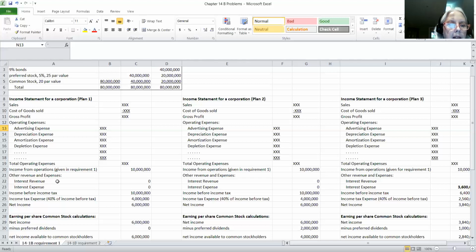I just tried to make this income statement short and brief to the point, but I wanted it to be enough of the income statement to give you enough information to be able to solve your first homework assignment. But interest revenue would go under other revenue and expenses. Interest expense is also another type of account that would go in other revenue and expenses.